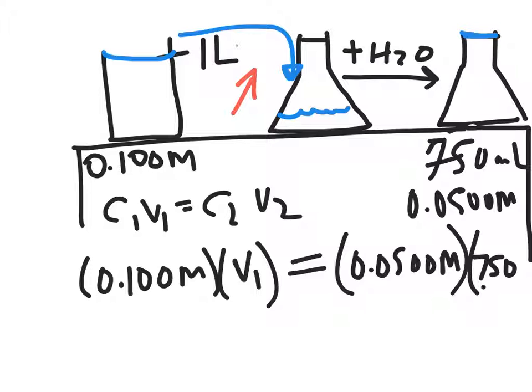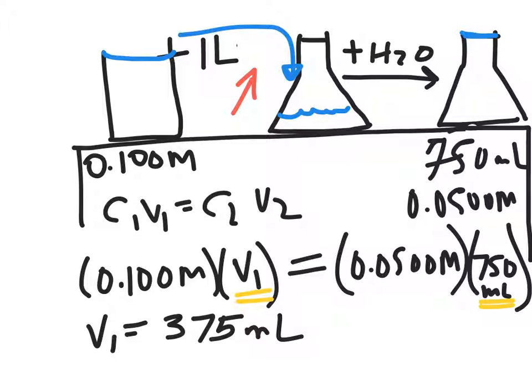750 mLs. Normally in our last video we were working in liters, but we can work in milliliters as long as the units on the volume are the same. So if we have milliliters on the right side of the equation, the volume that we solve for will also be in milliliters. Now if we solve for V1, we get a value of 375 mLs.